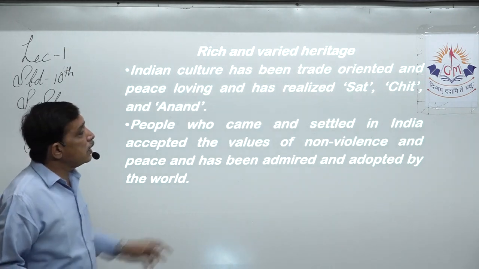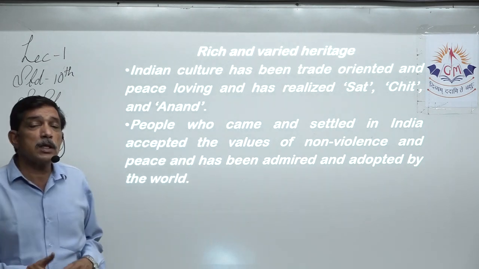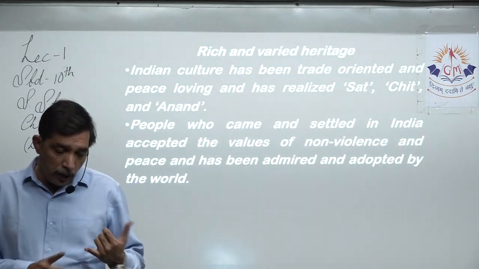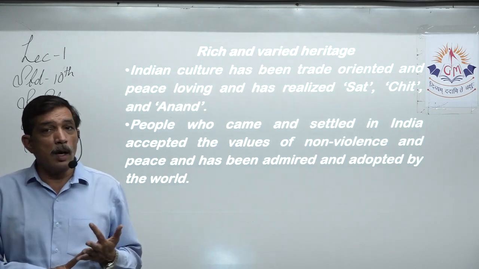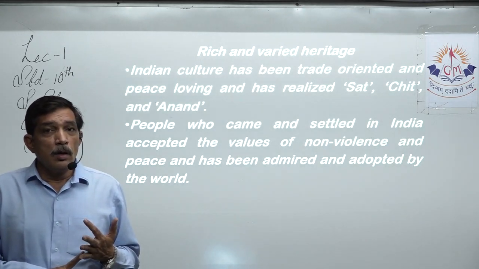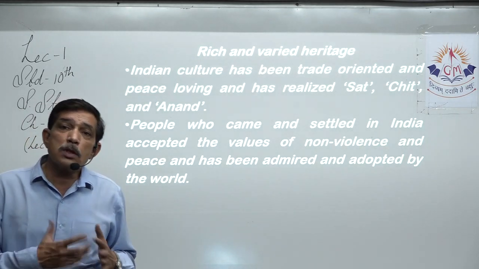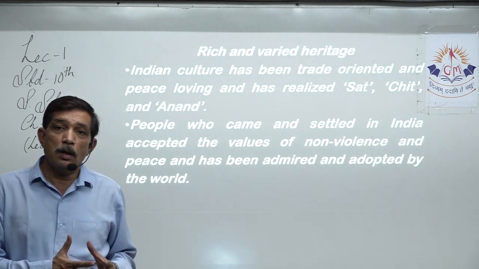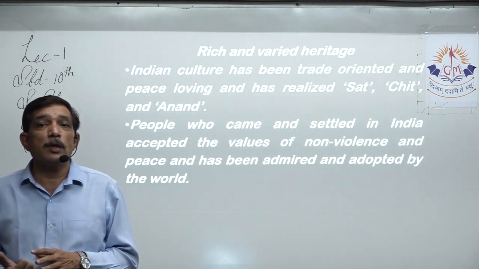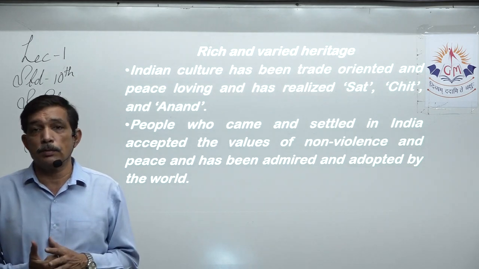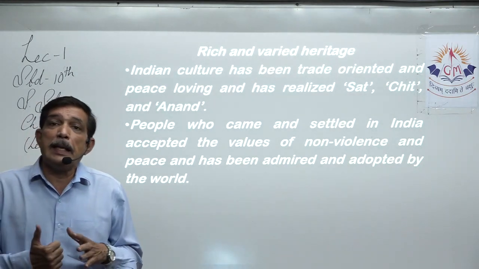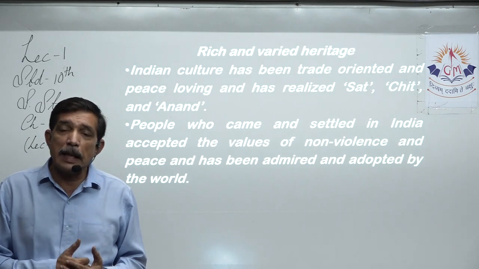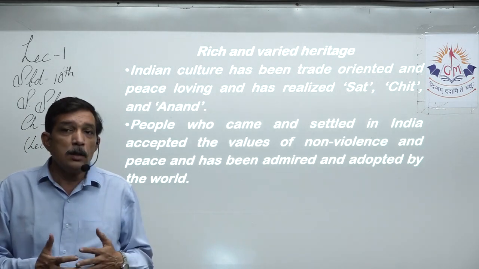Yes, first word is Sat. Sat means the truth. We have Lord Buddha, Lord Mahavira, who renounced the world to attain spirituality, to find truth, and they got the knowledge of truth. That is Sat. Yes, the truth.